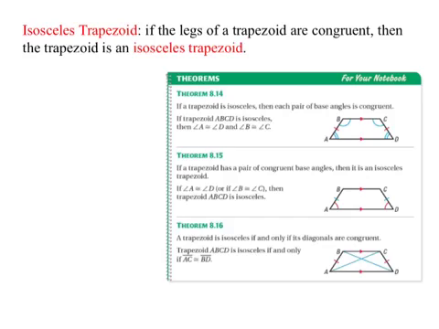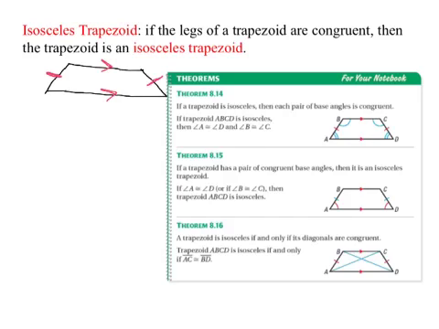Okay, next, isosceles trapezoid. If the legs of the trapezoid are congruent, then the trapezoid is an isosceles trapezoid. Sketch one out here. Okay, we know that the bases are parallel. If the legs are congruent, it's an isosceles trapezoid. So let's look at the theorems associated with this.